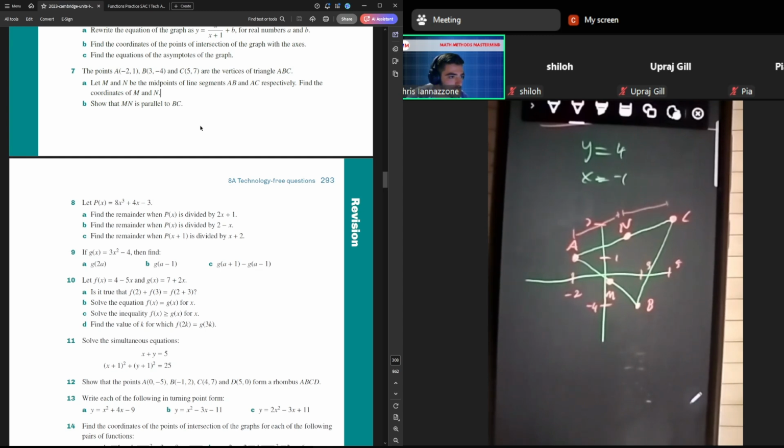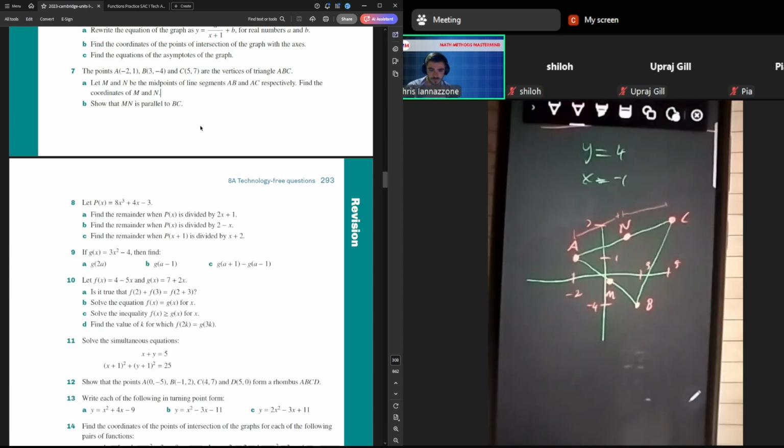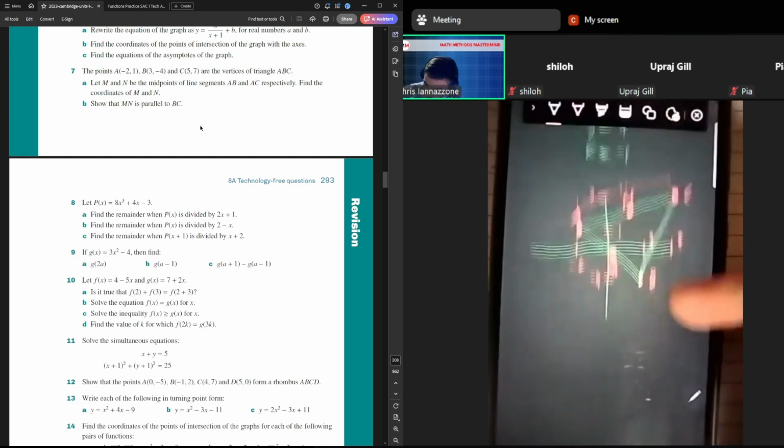So if you wanted to find the coordinates of M and N, what do you think we might do? You want to use a midpoint formula on the two given points. Absolutely, midpoint formula. Do you remember what the midpoint formula is?